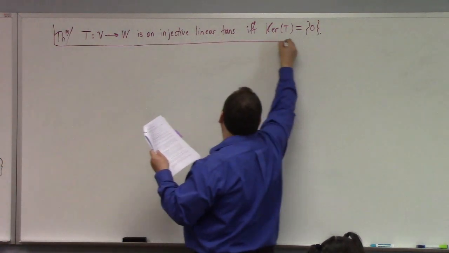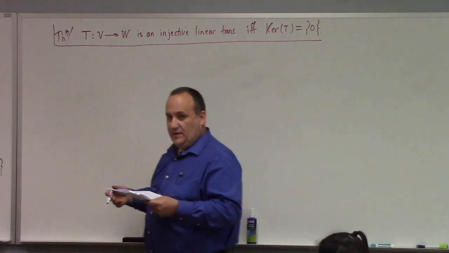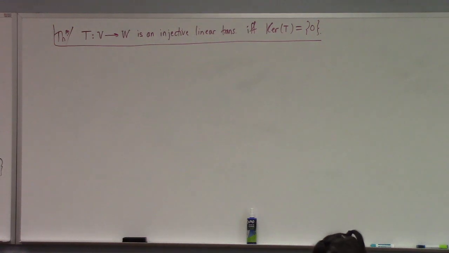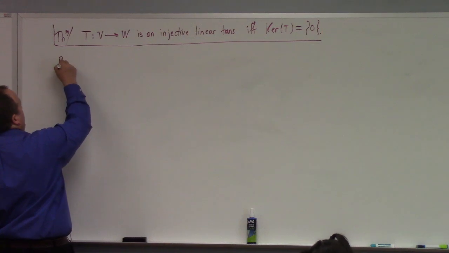If this is not clear, we're assuming that T is linear from the outset, okay? So we're saying that linear maps are injective, they're one-to-one, if and only if the kernel is 0. All right? So let's look at the proof of this thing.